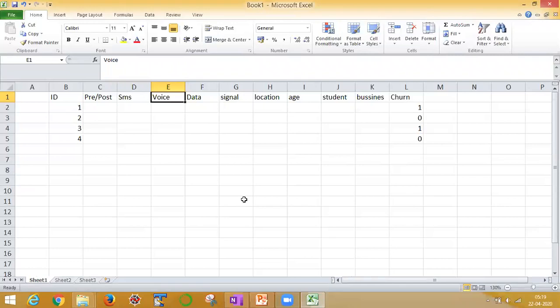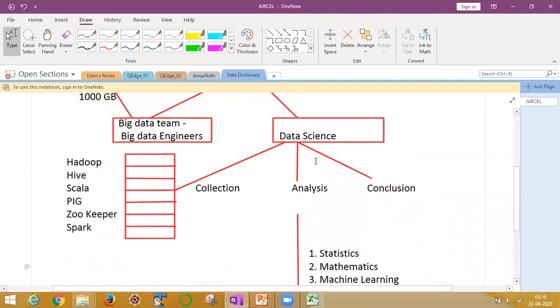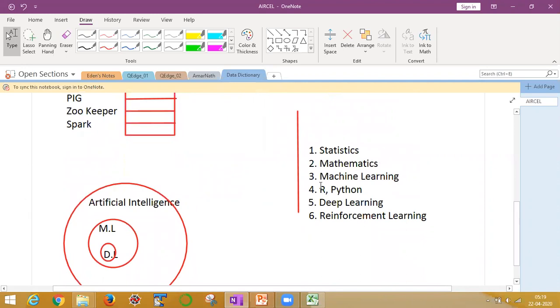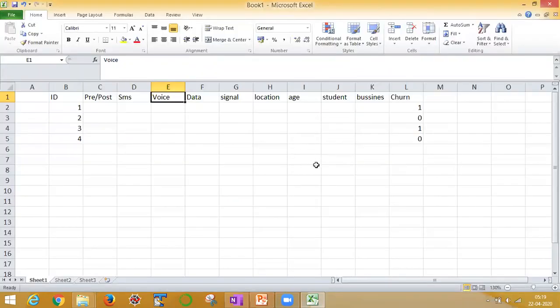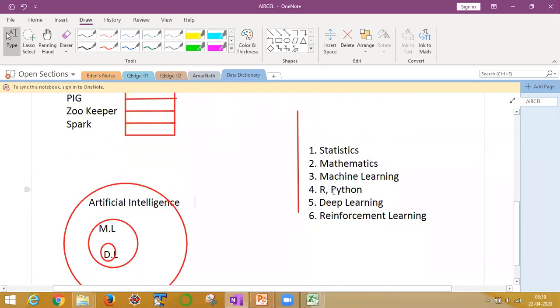So this is the problem, right? What the person is actually doing, as I mentioned, is collecting the data, analyzing it and taking the conclusion. With the help of these 5 or 6 topics, I am coming to a conclusion. But what is happening in between?